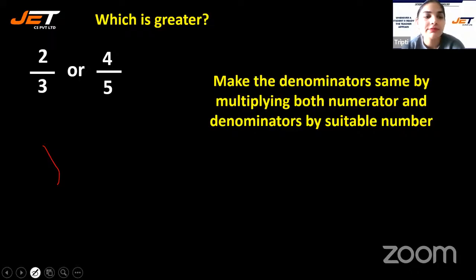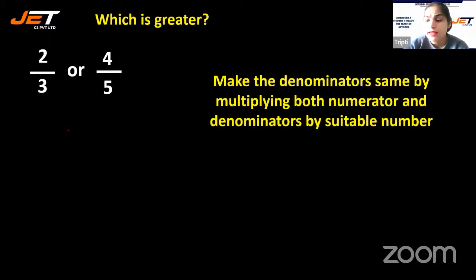The first thing that you are supposed to do here is make the denominator same because they are not same. You need to make them same to compare the fractions. You can compare the fractions only when the numerators or denominators are same.